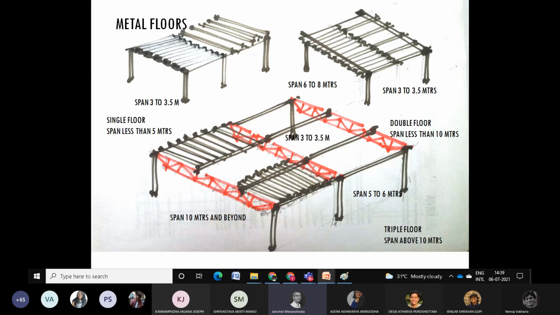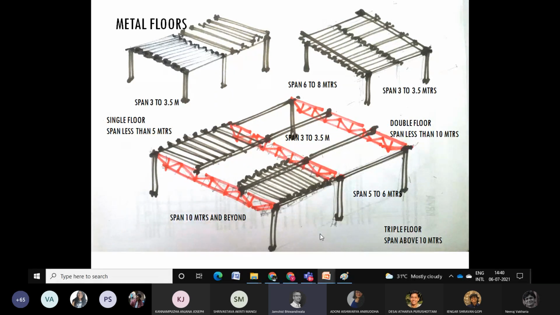Suppose I put one member here, this 6 meter or 8 meter span has been easily cut down to 4 meters and 4 meters, whereby in the other direction I can now put the joists at 3 to 3.5 meters, and naturally the other joist will come about in the middle. So I'm creating a floor using as many smaller metal members as possible by just adding one additional heavy member.